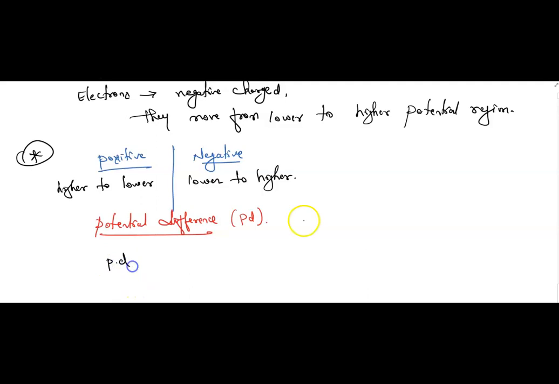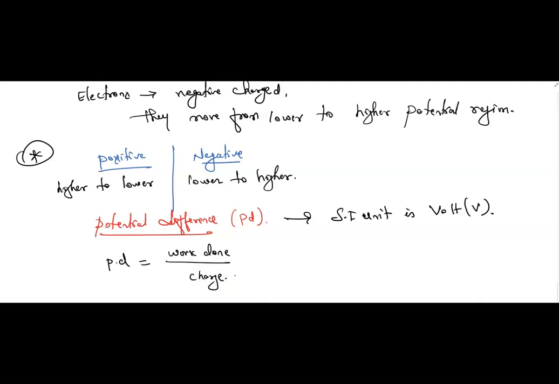The SI unit of potential difference is volt. Even here also volt. So we can give the formula for potential difference as work done upon charge.